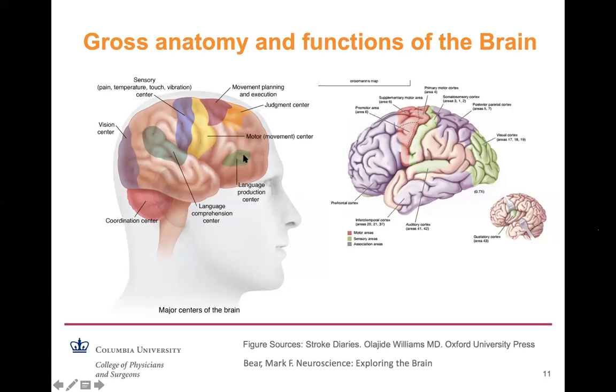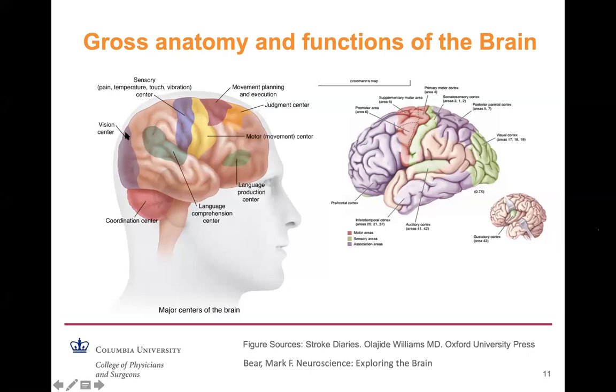So our ability to express language is represented in this inferior frontal part, and our ability to understand language is the responsibility of the parietal and the temporal lobes. And so you could imagine that if any of these areas are damaged, the function they're responsible for is what is lost.